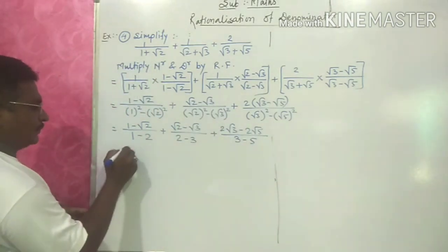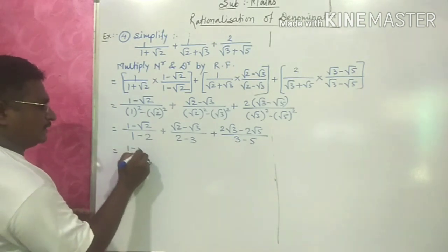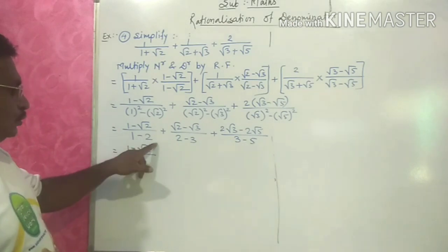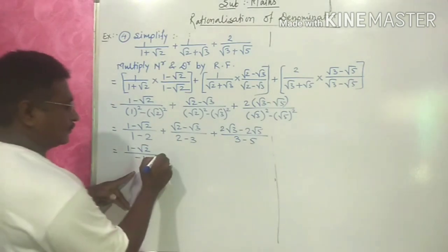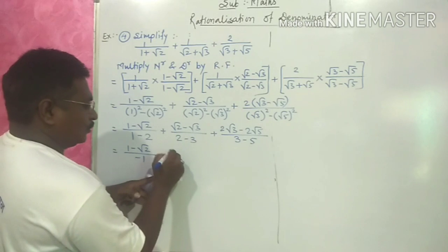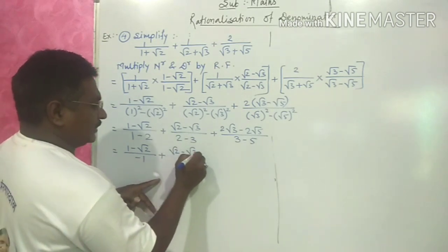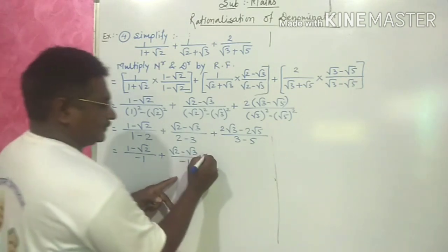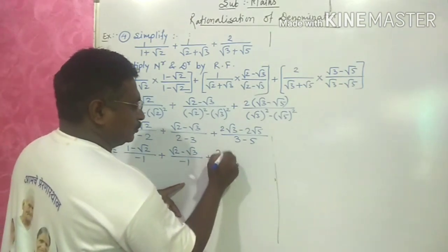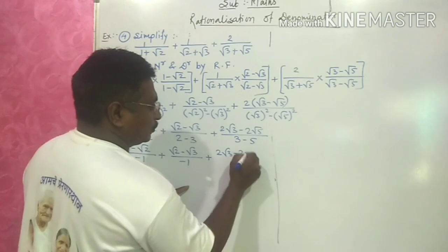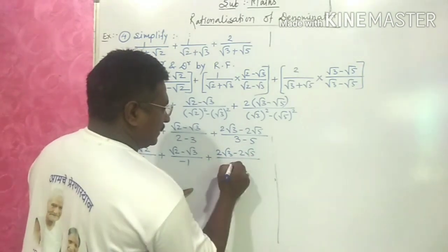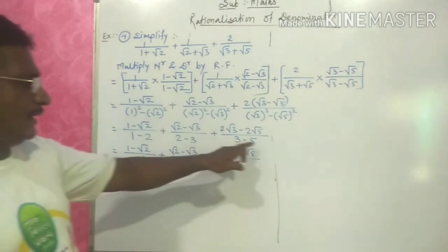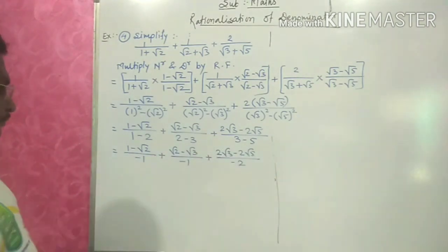Now see, 1 minus root 2 by minus 1, root 2 minus root 3 by minus 1, and 2 root 3 minus 2 root 5 by minus 2.